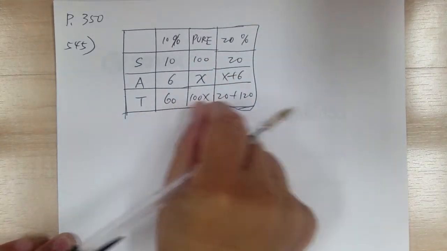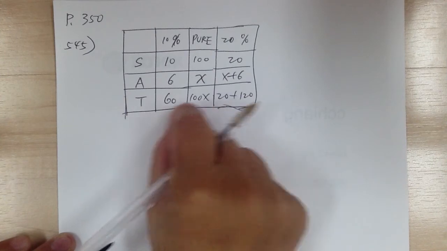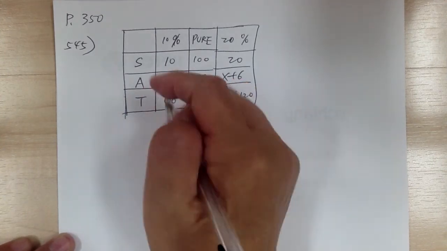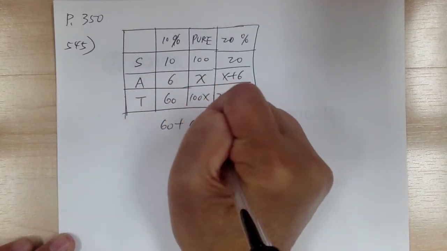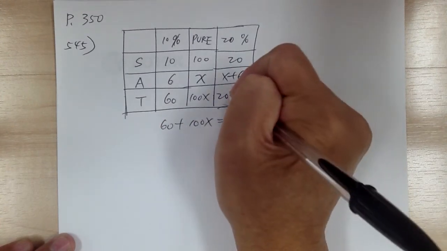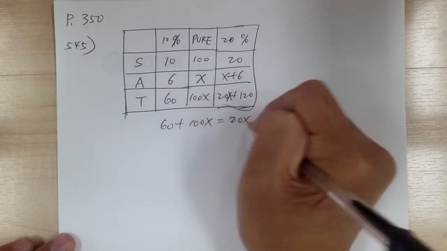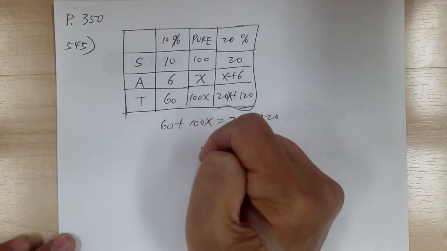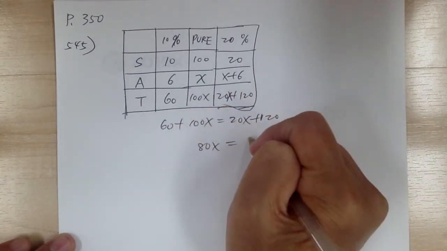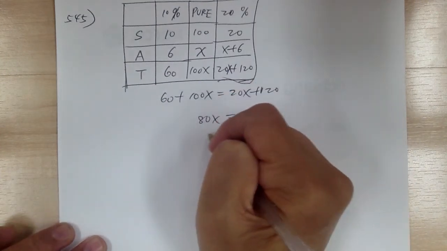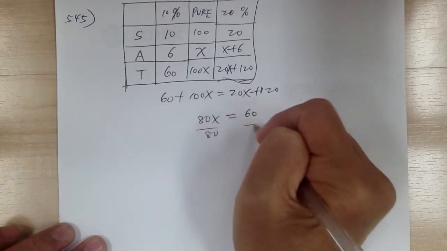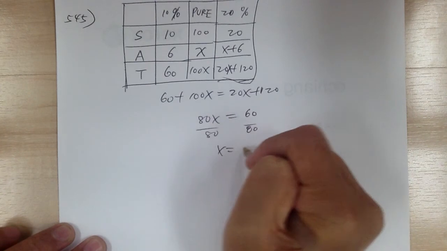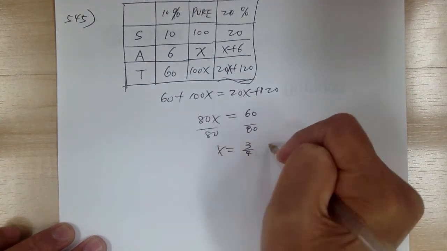When you put these two together, this is for the pure antifreeze only. So 60 plus 100x equals 20x plus 120. Move things around, so you get 80x equal to 60. Divide by 80, so x equals 3/4 quarts.